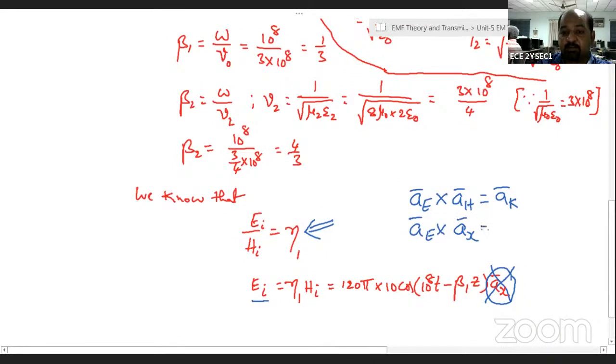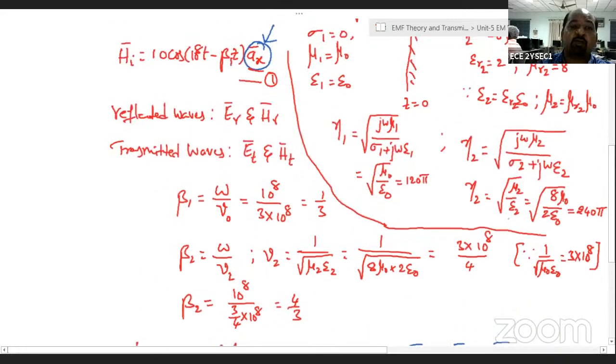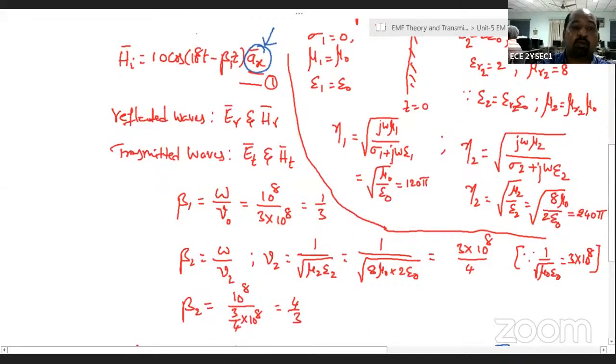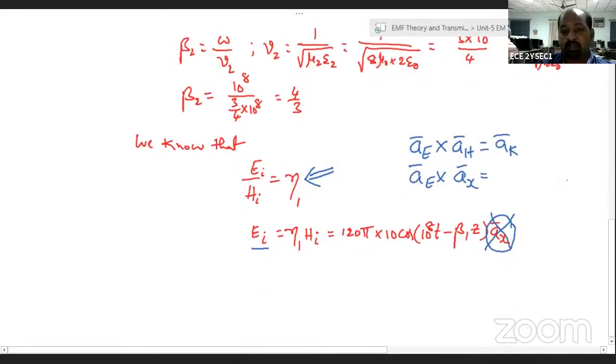And what is the direction of wave propagation? The wave has minus beta 1 z, so minus z in the sense the wave is propagating in the positive z direction. So therefore, aK bar is aZ bar.